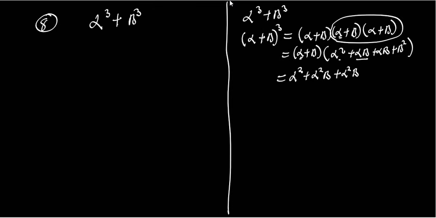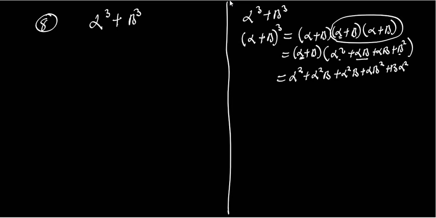Then alpha plus beta times the same: beta times alpha squared is alpha squared beta.